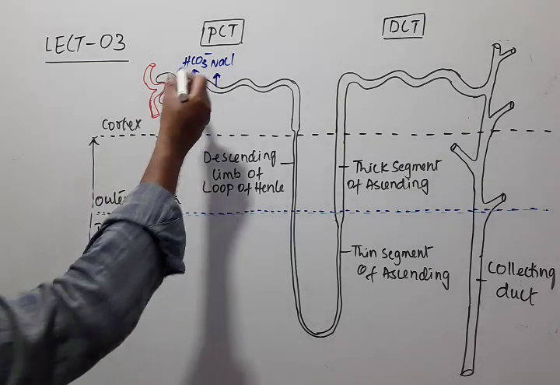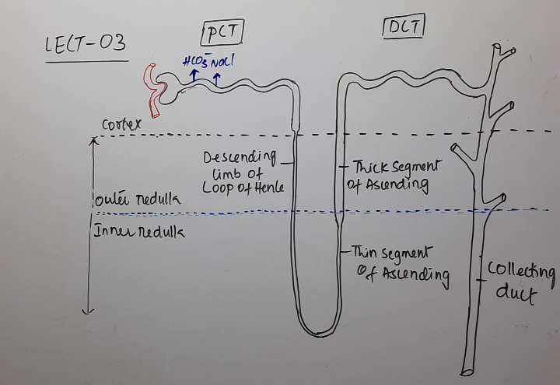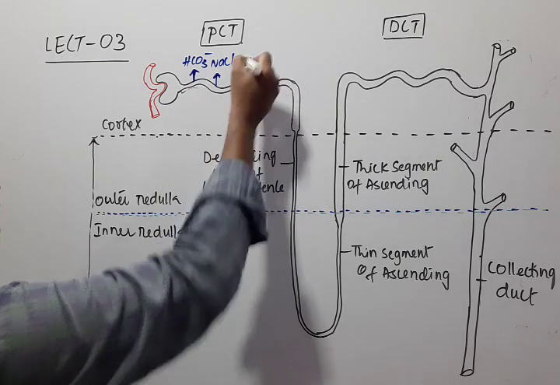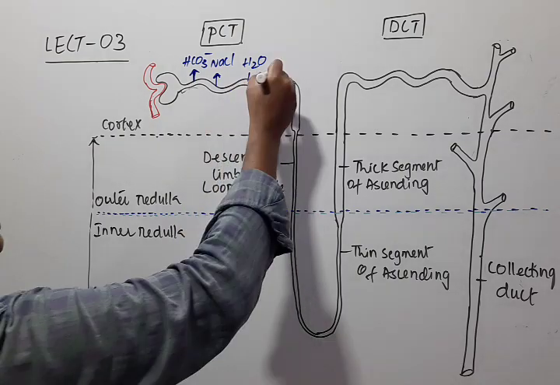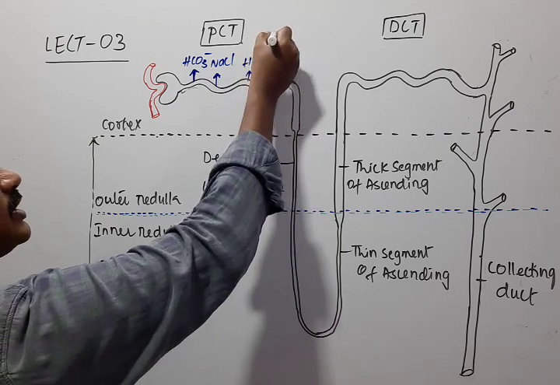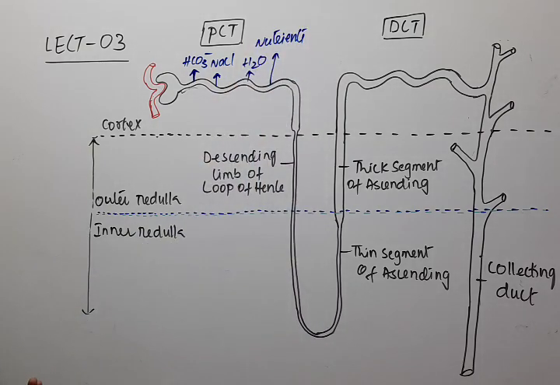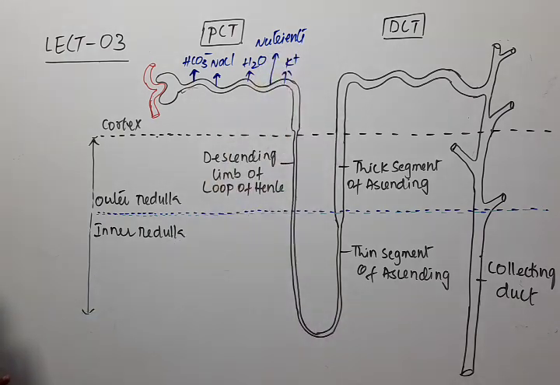So here bicarbonate is reabsorbed, and sodium chloride is also reabsorbed, and also the water is reabsorbed from the PCT, and also the nutrients are absorbed from the PCT, and also the potassium ions.